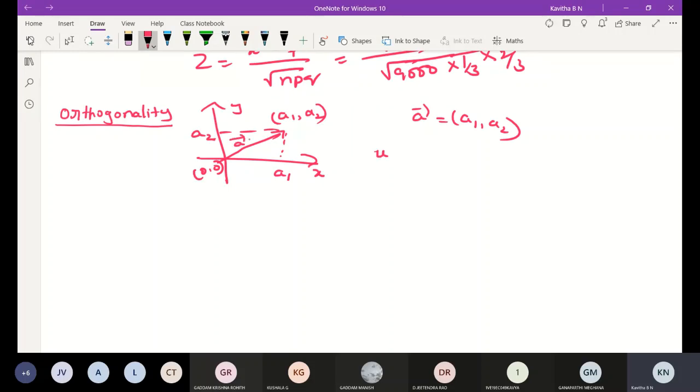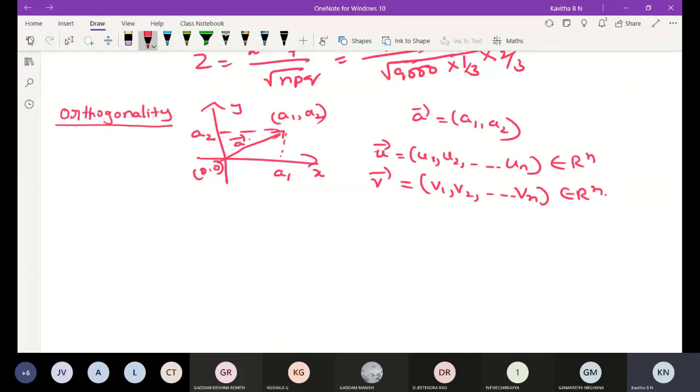Then the vector U belongs to R to the power of n, U equals U1, U2 and so on up to Un, and the vector V is equal to V1, V2 and so on up to Vn, which also belongs to R to the power of n.